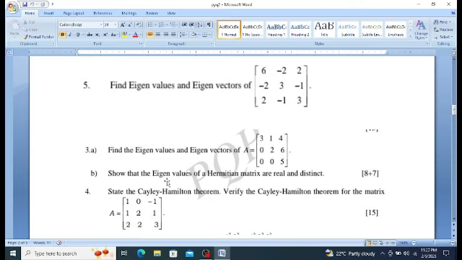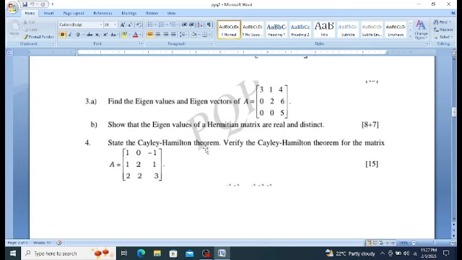We have to show that the eigenvalues of a Hermitian matrix are real and distinct, so we have to prove this. We will always get the eigenvalues as real and distinct. So by using any example problem, solve it and prove that the eigenvalues of a square Hermitian matrix are always real and distinct.